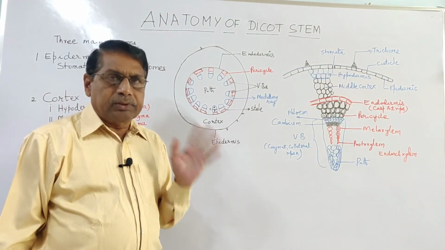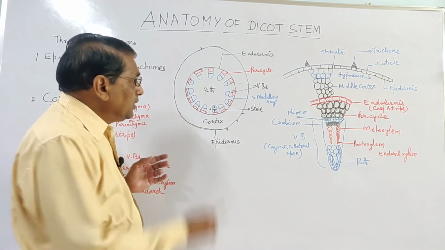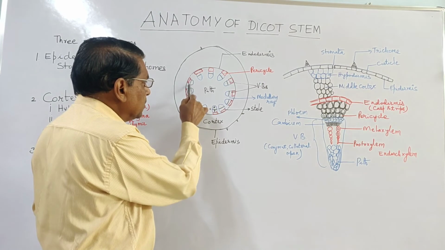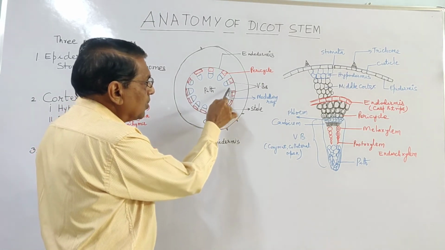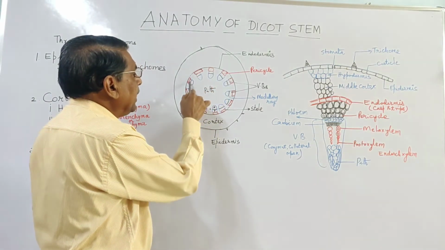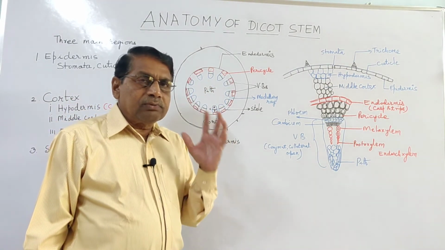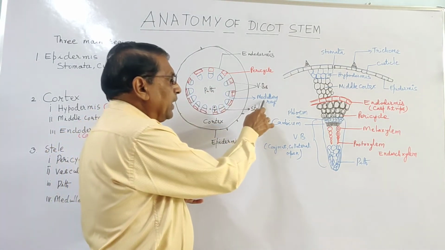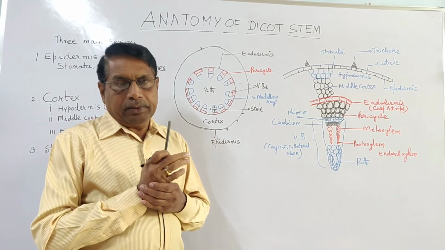Storage in function, storage of water, storage of food materials. Then this pith extends in between the vascular bundles. Look here, in between the vascular bundles. These are called medullary rays. The extensions of the pith in between the vascular bundles are known as medullary rays. They are also made up of parenchyma.